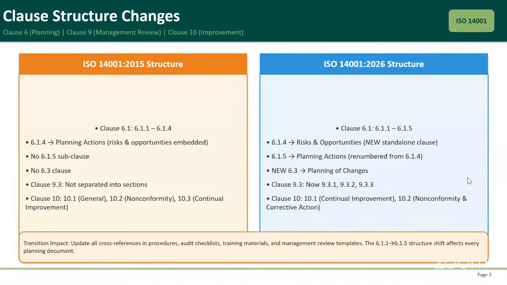But now in the new standard, we now have it to what? 6.1.5. What is the difference? Why is it now 6.1.5? Why do you now have 5 subclauses under this particular action to address risks and opportunities? It is very simple and straightforward. There is a new introduction of risk and opportunity. You will now start asking me, is the risk and opportunity a new thing that is just coming up?